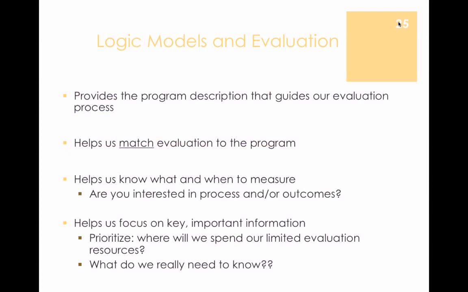Where a lot of proposals go wrong is the writer or the organization will focus on the services they provide. Keep this in mind. Services tell, outcomes sell. And what I mean by that is services tell what you do. And that's good. And that's useful information.